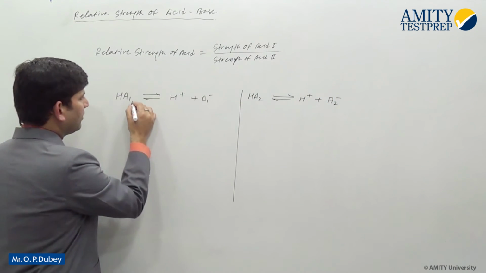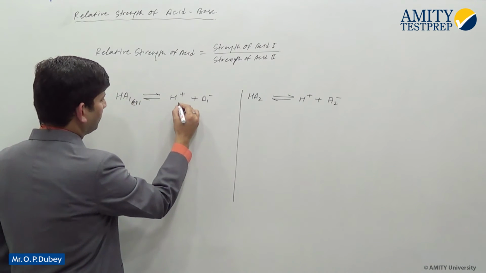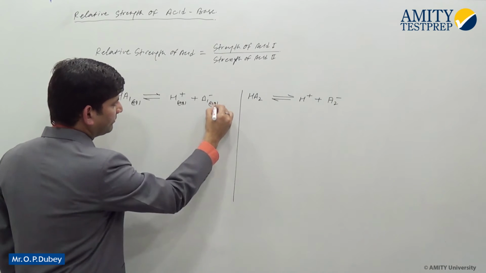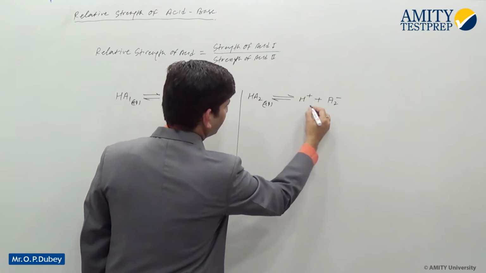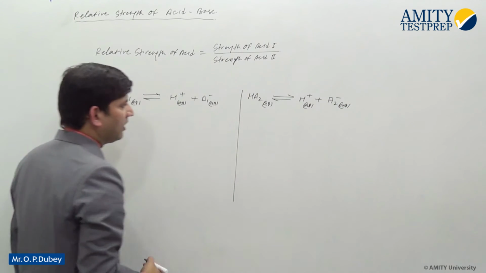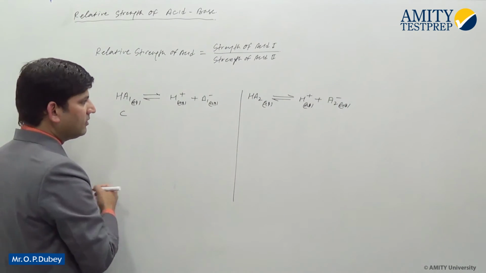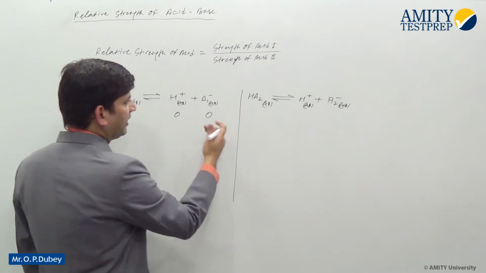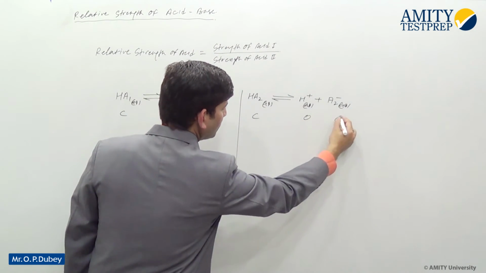If the concentrations of both the acids are equal, like C, and the initial concentrations of the H+ ion and the anion are 0, 0.